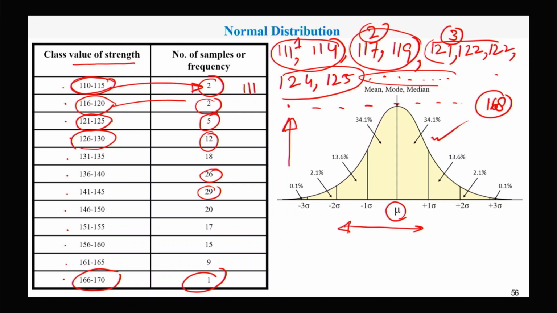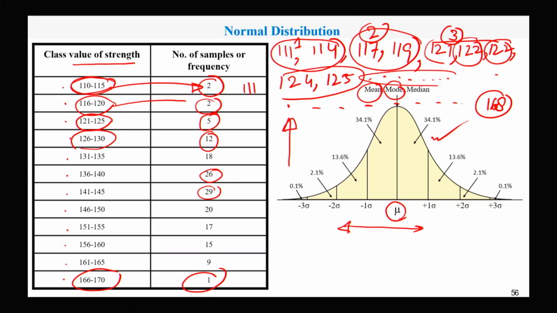So when we are adding individual data and then dividing by the total number of data points, we get the mean value. And what is mode? Mode is the data where frequency is maximum.